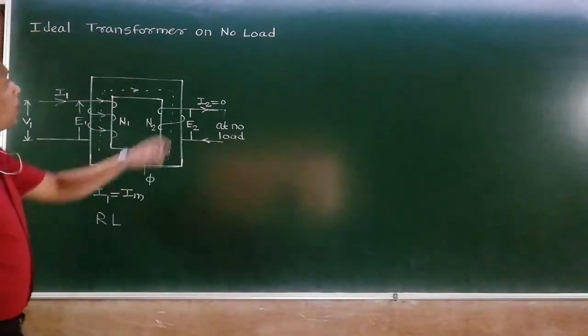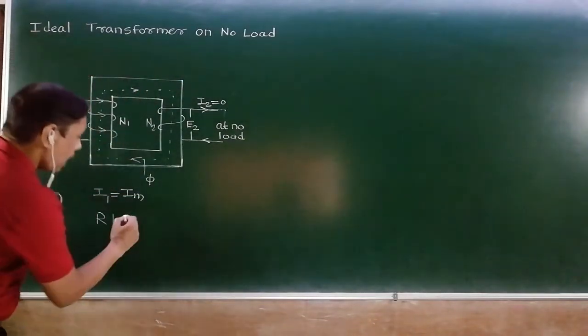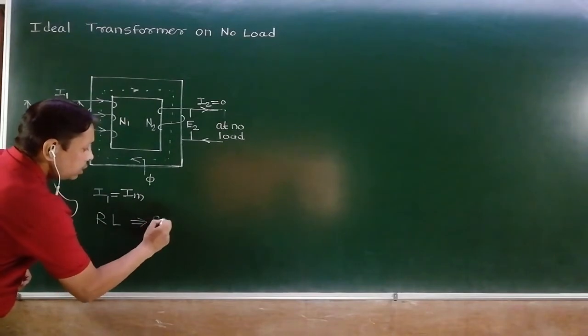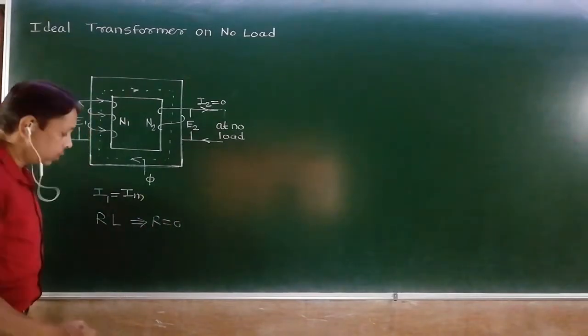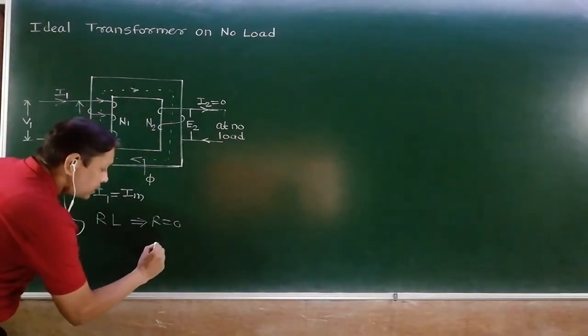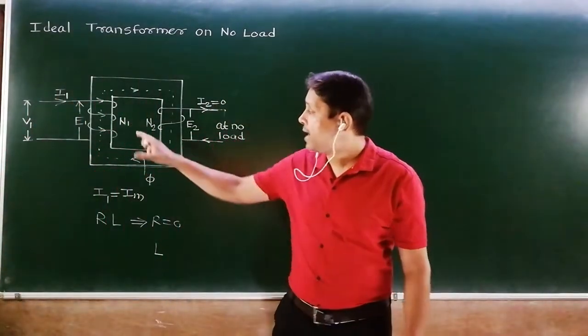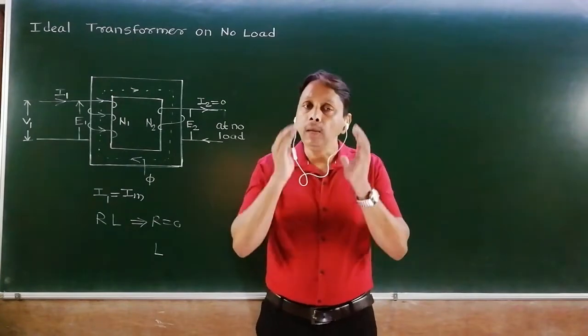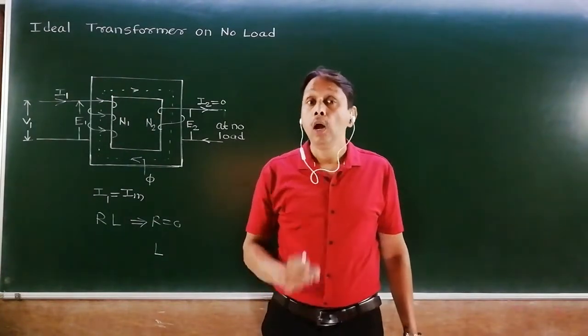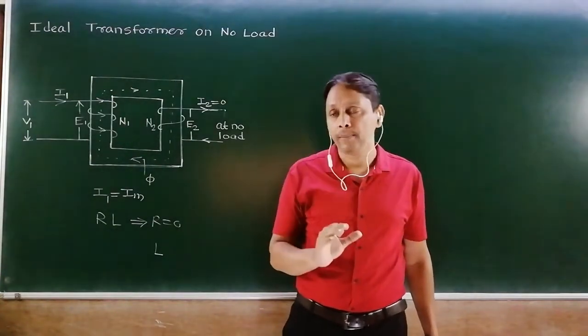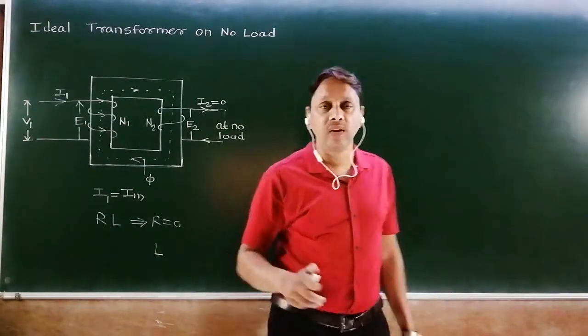But the resistance for an ideal transformer is 0, and therefore this circuit is purely inductive. For this purely inductive circuit we draw the phasor diagram by taking Im as the reference vector.